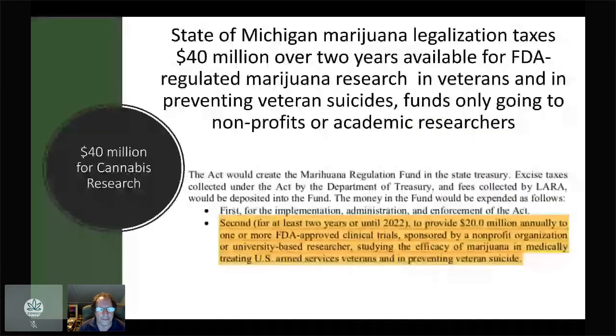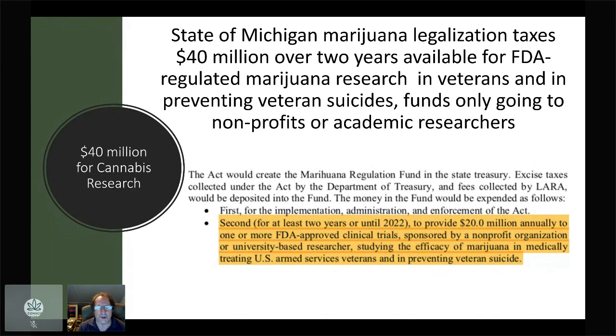We're also going to be applying for money from the state of Michigan for marijuana research for PTSD. So in the legalization of marijuana for recreational use in Michigan, there was this provision that was included in the act that the state of Michigan must spend $20 million a year for 2 years for FDA-approved clinical trials.